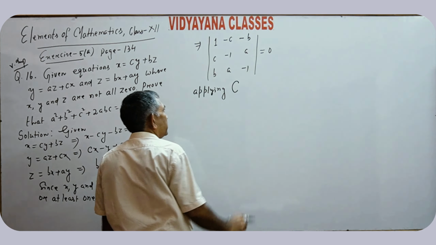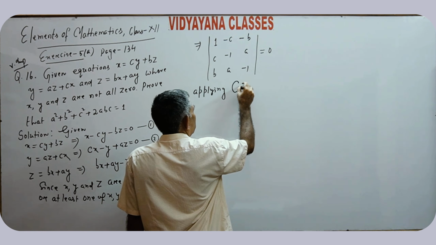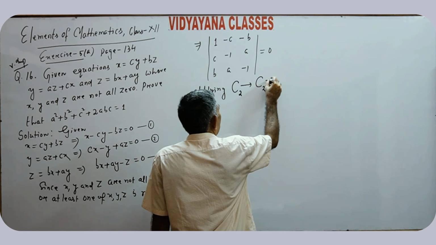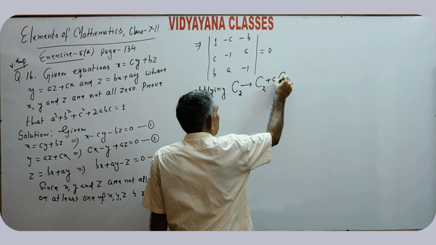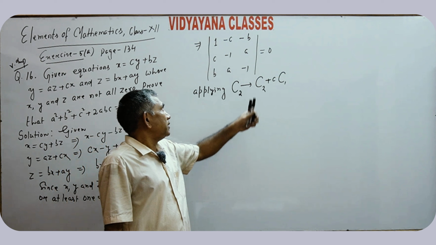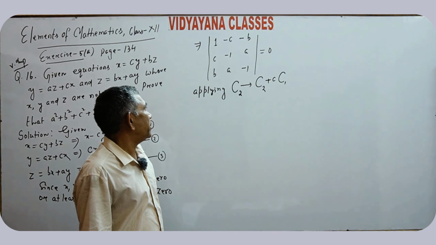Capital C represent the column. Column 2 is replaced by column 2 plus C times of column 1. Capital C represent the column and small c represent the element.